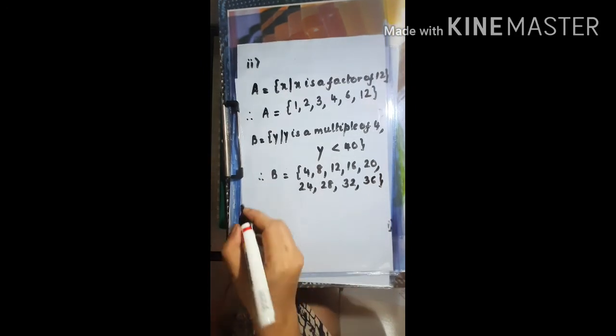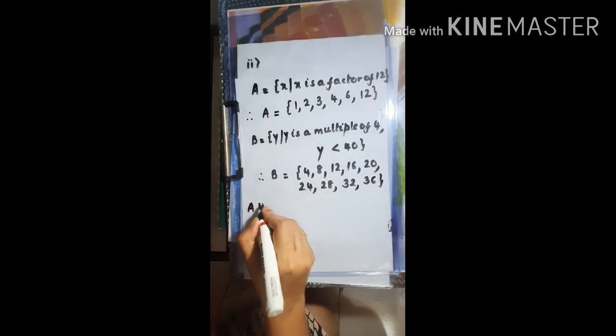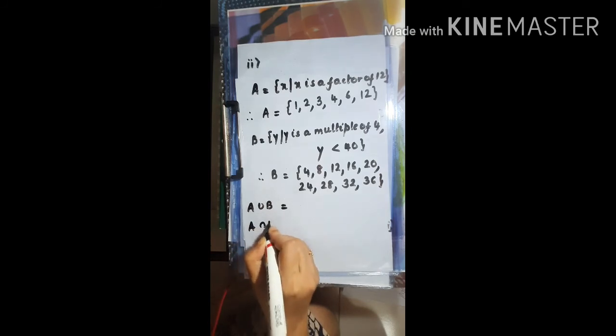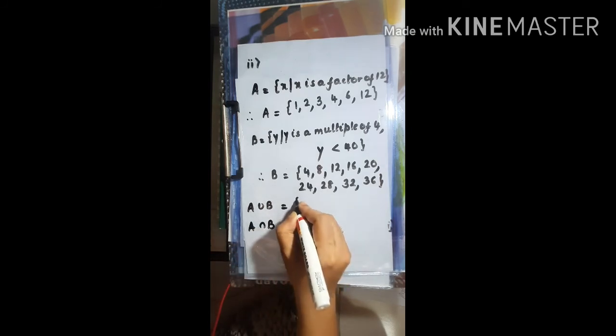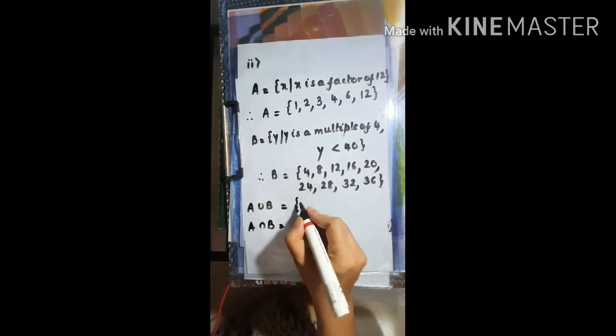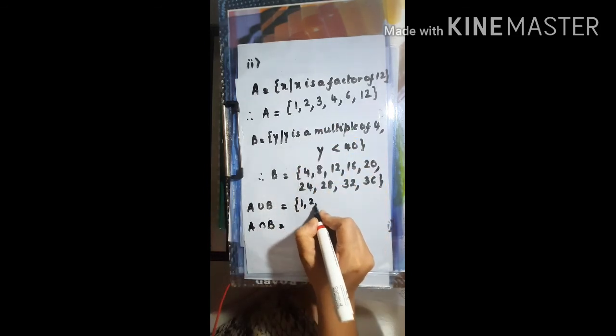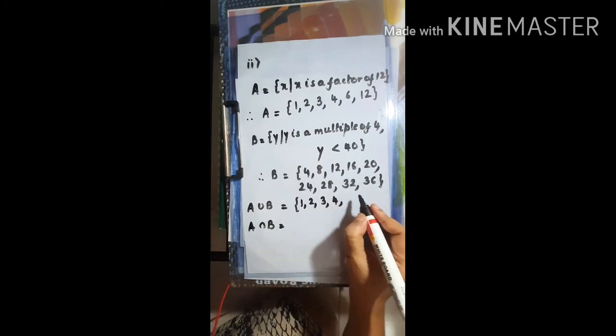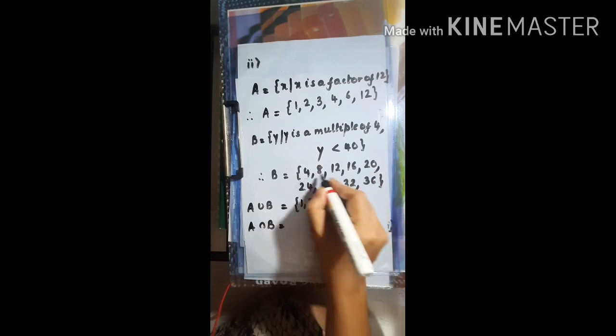Now I want to find A union B and A intersection B. Union means everything together, so I will write 1, 2, 3, 4, 6, and I will not repeat.